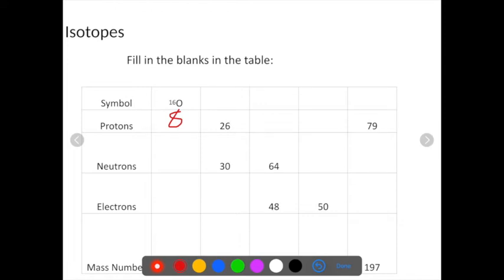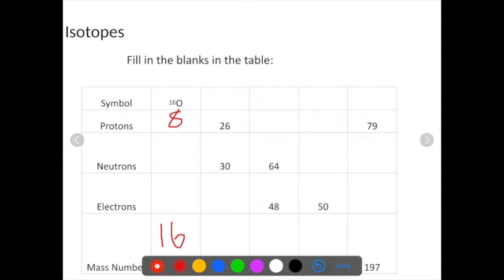Before we get to neutrons, let's hop down to mass number. It is with our symbol because it designates what isotope we have, so we write down 16.